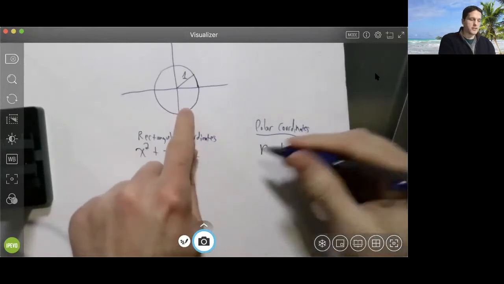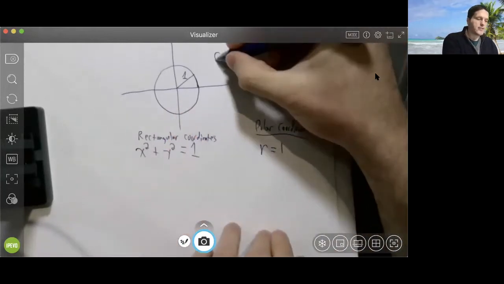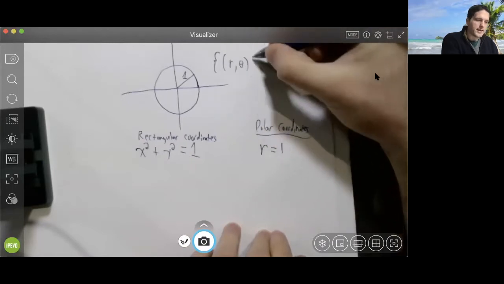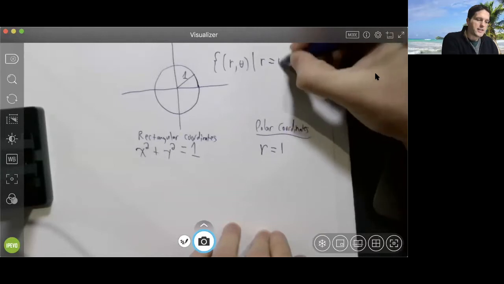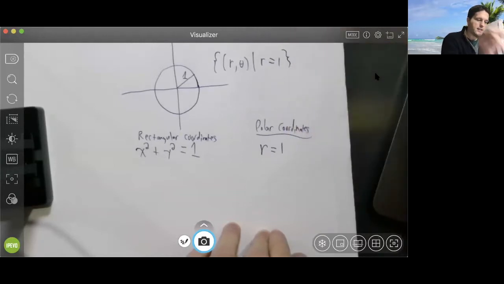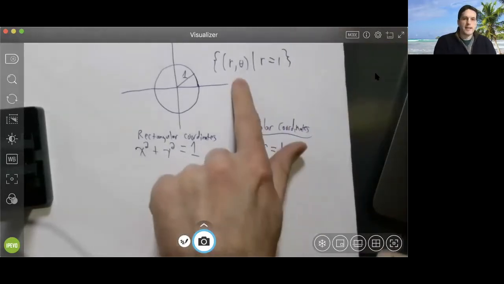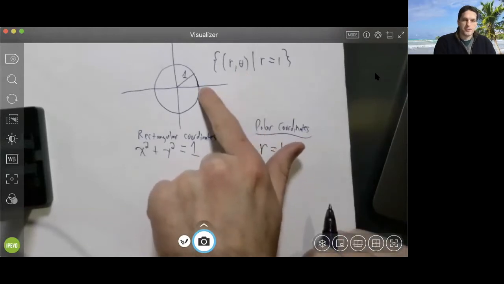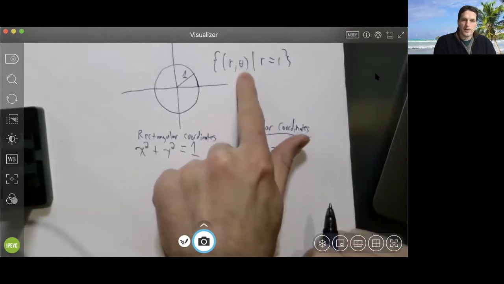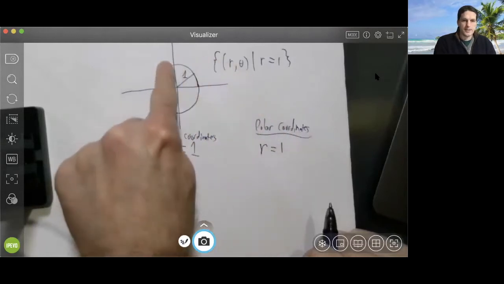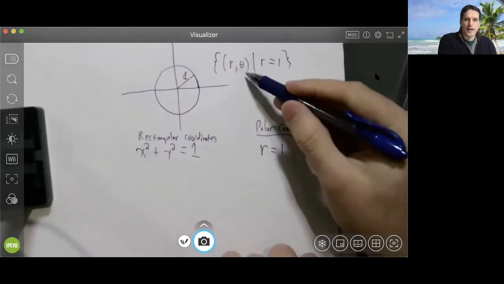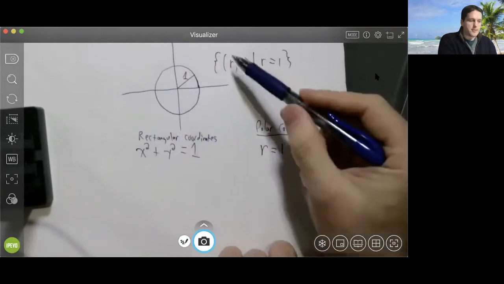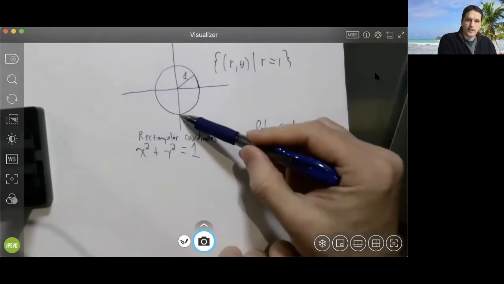This circle consists of the set of all points whose polar coordinates are r comma theta and r is equal to 1. Theta can be anything. Theta could be 0, and then we'd be looking at this point on the circle. Theta could be pi over 2, and then we'd be looking at this point. Theta could be pi, and then we're looking at this point. Theta could be 3 pi over 2, and then we're looking here.